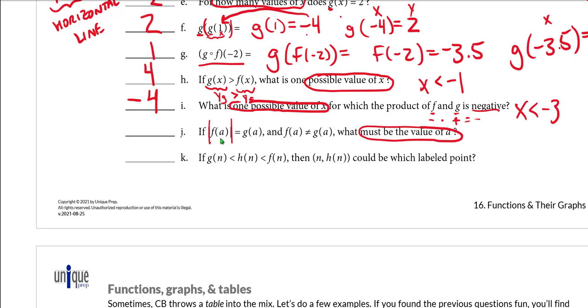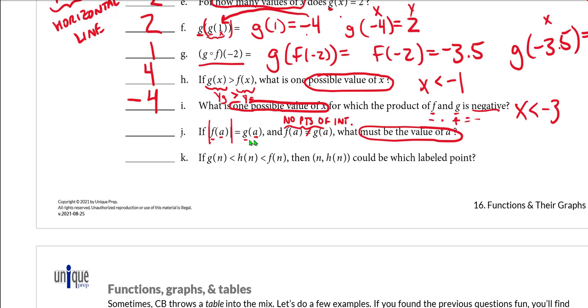So we are looking for an x value, those a's are x values, that makes the absolute value of the linear function, the f function, equal the g function, but we can't consider a point where the two functions are equal. In other words, this means that we can't consider, I'm going to write this down, no points of intersection. They can't be intersecting. That's what f of a equals g of a would mean, that they intersect. If f of a can't equal g of a, we can't be looking at a point of intersection.